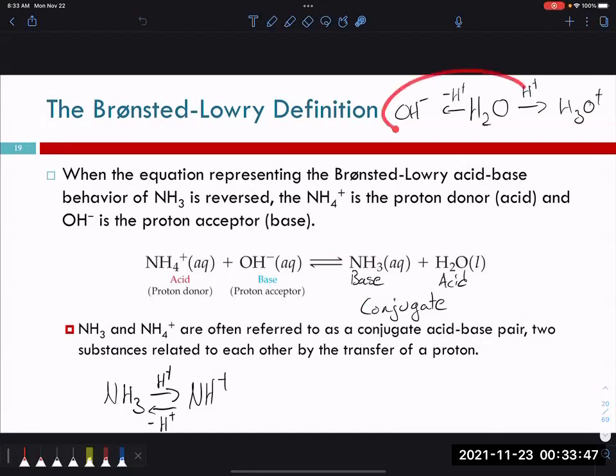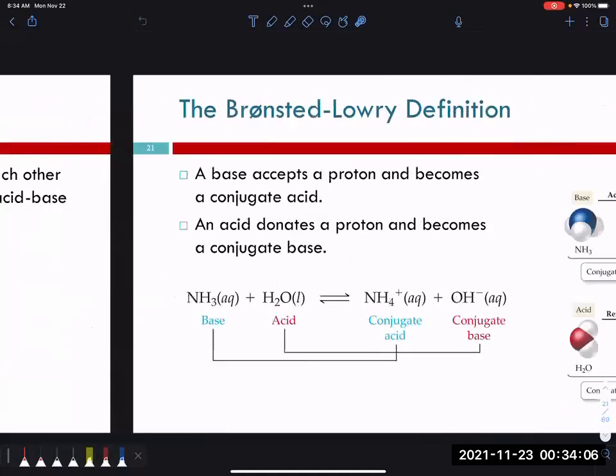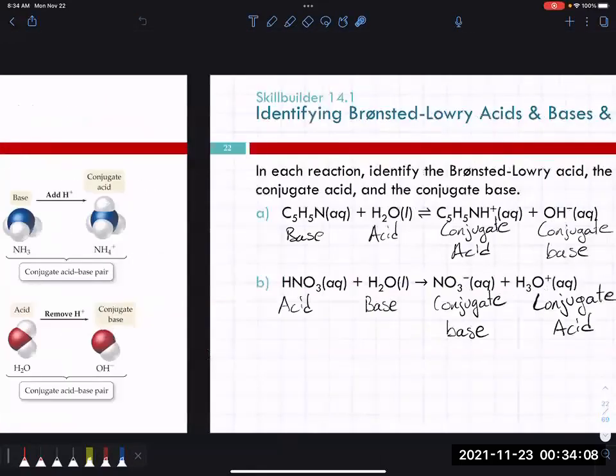We also talked about amphoteric compounds and how water is amphoteric. Water can gain a proton to become hydronium, or it can lose a proton and become hydroxide. Drew some conjugate base pairs. Look at more of those.